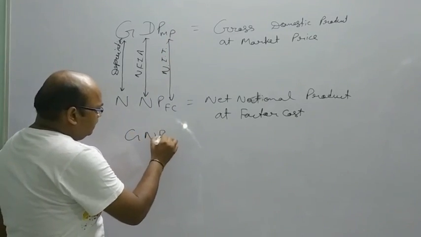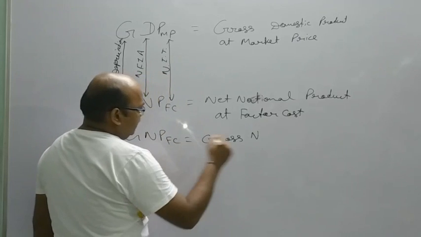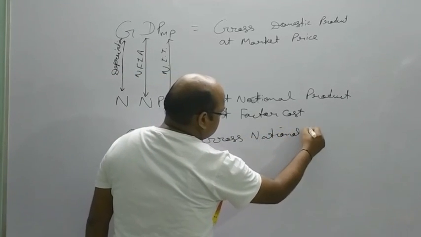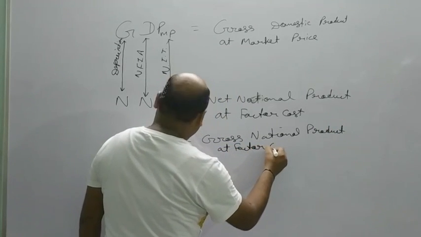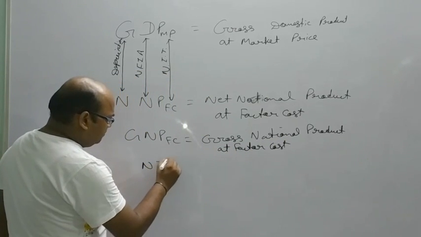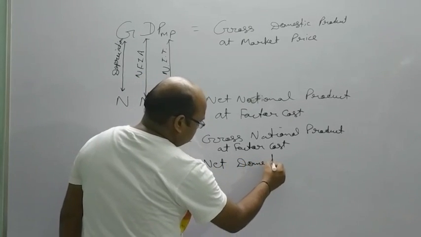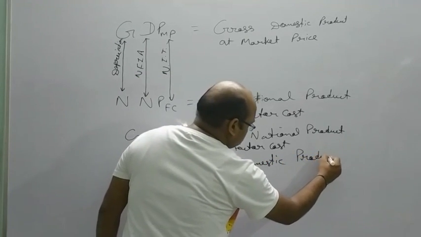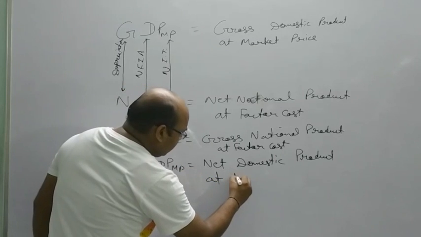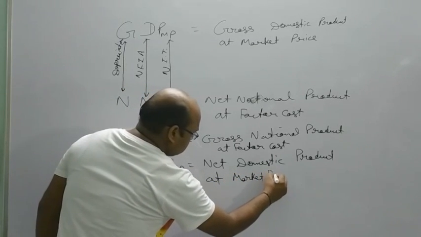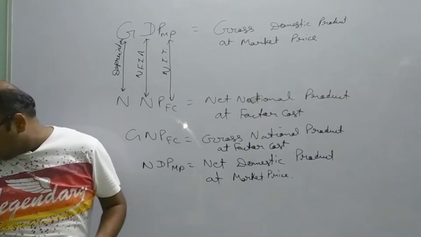Similarly, GNPFC: gross, and N in the middle means national product at factor cost. Then NDPMP: N stands for net, D for domestic, P for product at market price. So we can write GDP-MP, GNP-MP, NNPFC and so on.